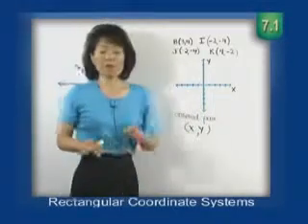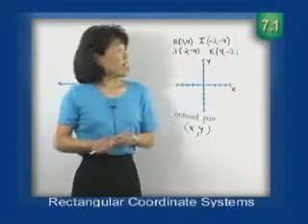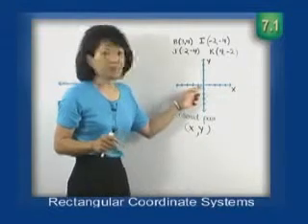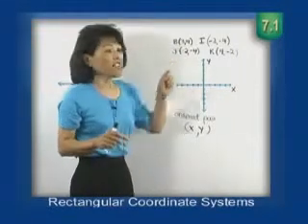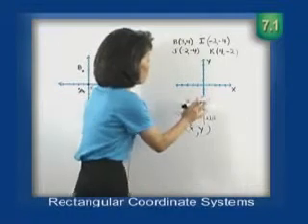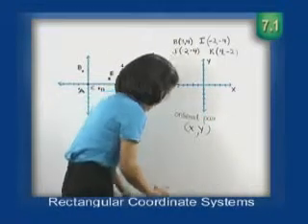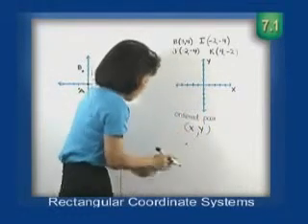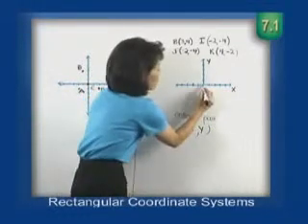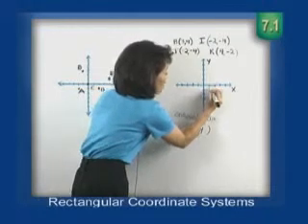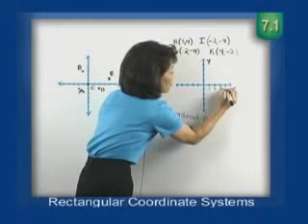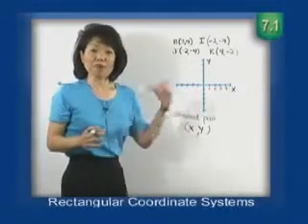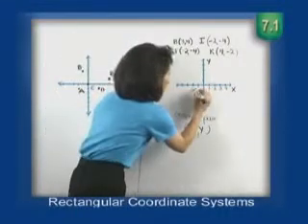So in the first problem here, where we're going to plot the point 3 comma 4, what that means is this. We start right here at the origin, the place of beginnings, and since our x coordinate is 3, what that means is the following. First of all, let's decide which way we have positive numbers. Well, along the x-axis, starting at the origin, if we move towards the right, these numbers are positive. Starting at the origin again, along the x-axis, when we go to the left of the origin, our numbers are negative.